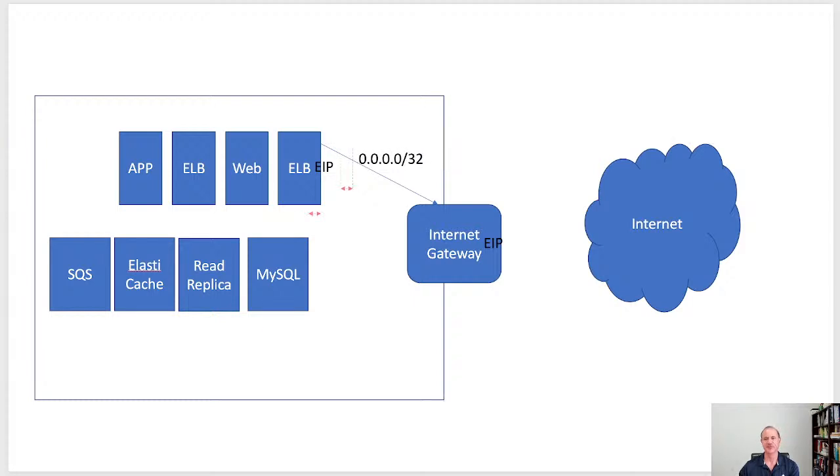So we need a default route that's going to say, for everything that you don't know, go to the internet gateway and then go out to the internet. That's the way you make these web services available on the internet.